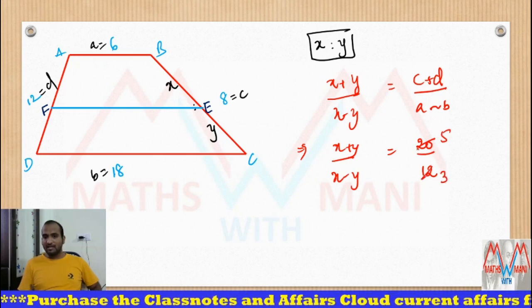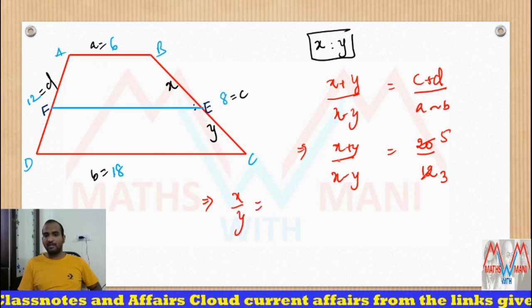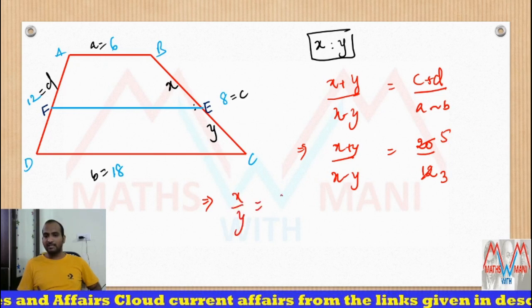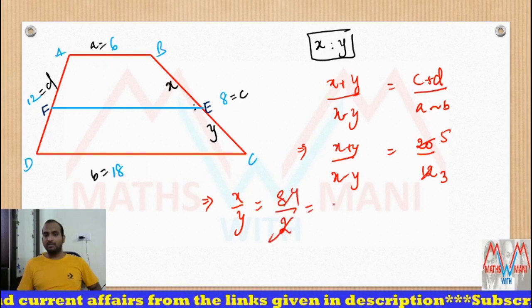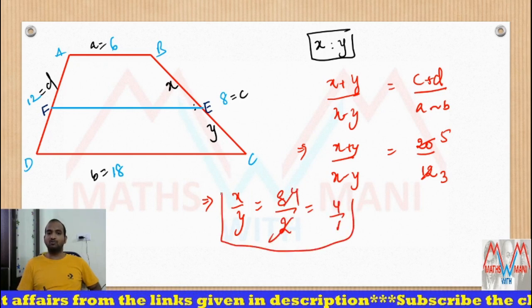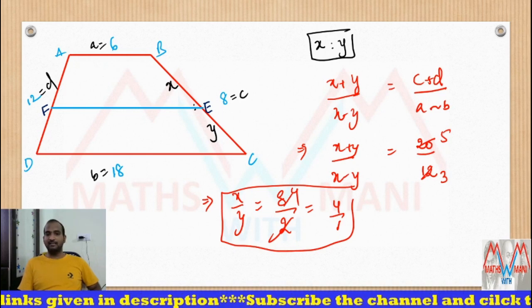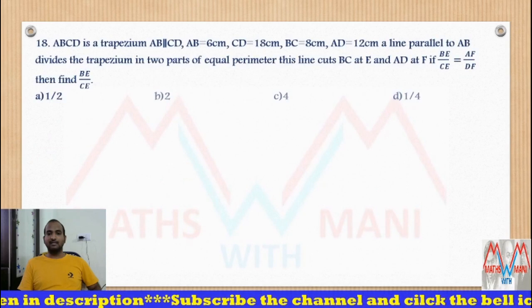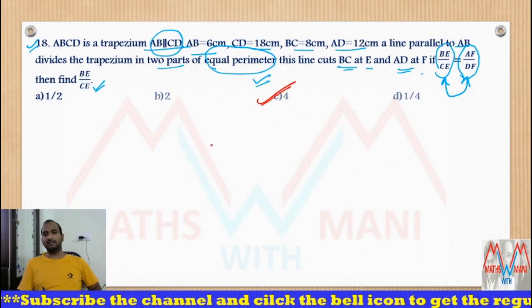X plus y by x minus y is 5 by 3. What is the ratio of x to y after applying componendo dividendo? 5 plus 3 is 8, 5 minus 3 is 2. So 2 1s, 2 4s, the ratio is 4 is to 1. X is to y, that is BE is to CE, is 4 is to 1, so the third option is the correct answer.